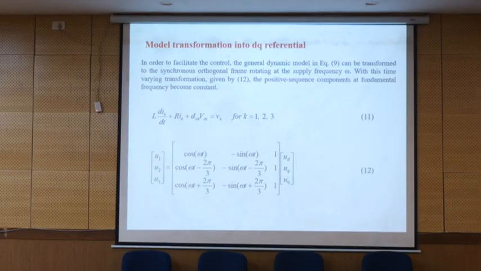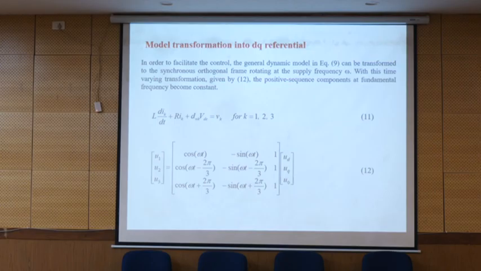So, does anybody know how we can go from ABC to DQ? Park transformation, but how? We should transfer all of them one by one. So for the first phase, this is something we have from the matrix.